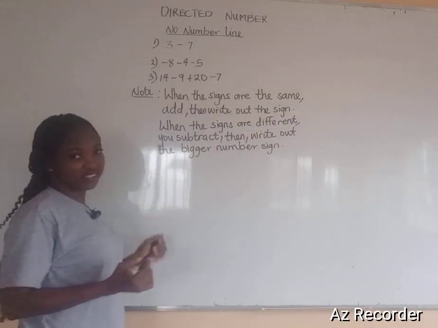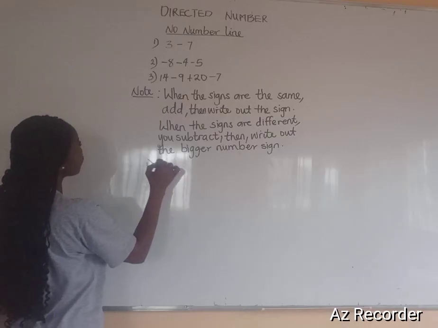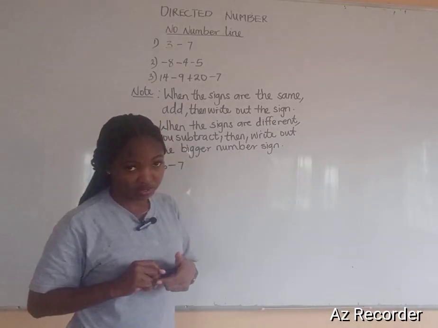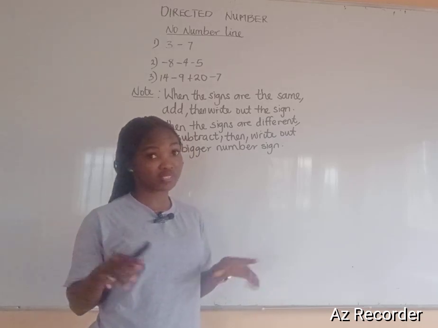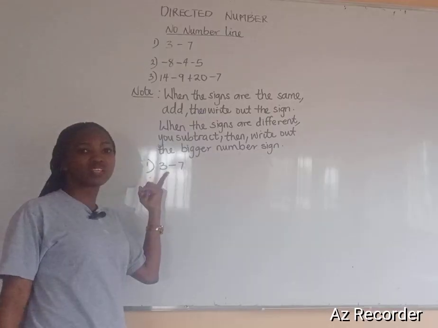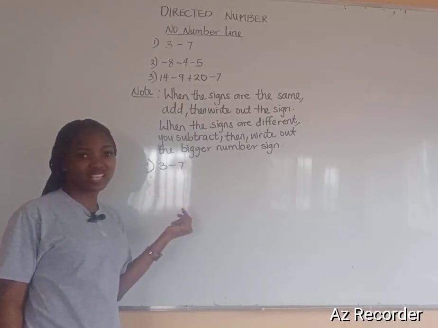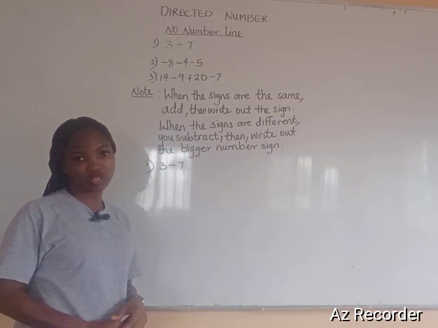Okay, so let's start. Number 1 says 3 minus 7. In maths, all numbers have a sign. So in this case, this 3 is standing alone. But what it simply means is there is an invisible plus sign you cannot see.